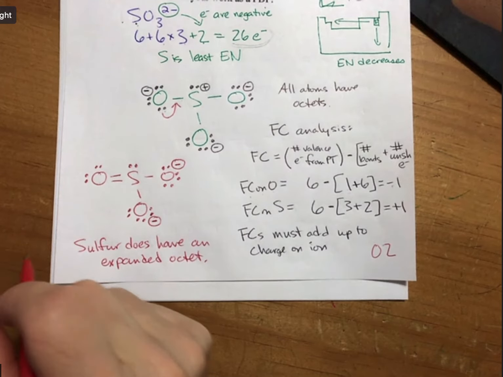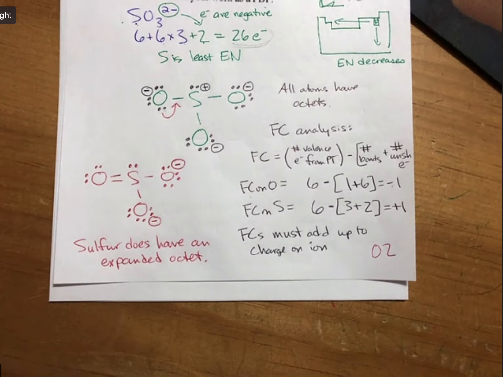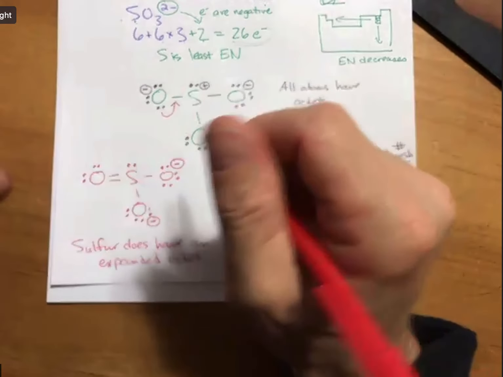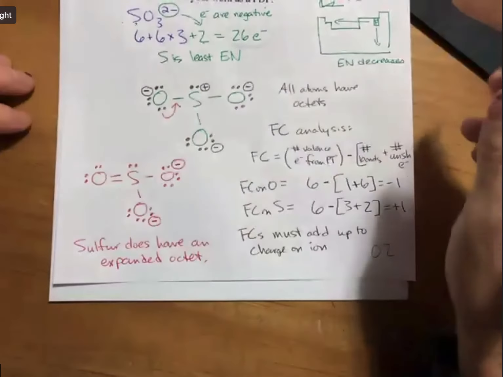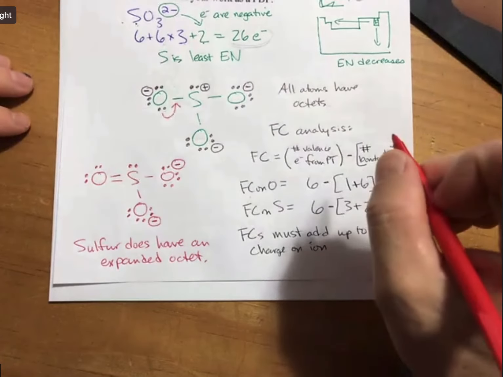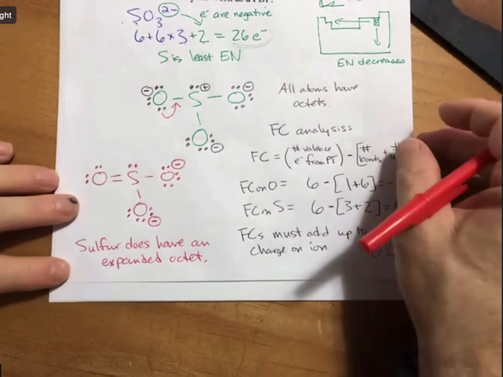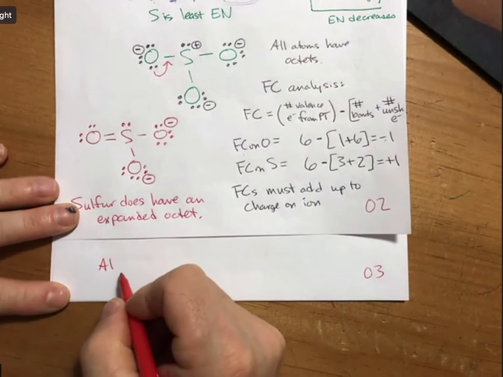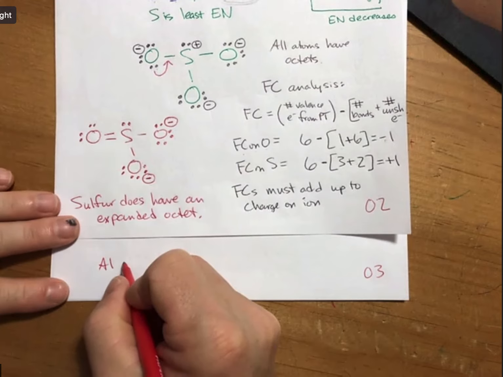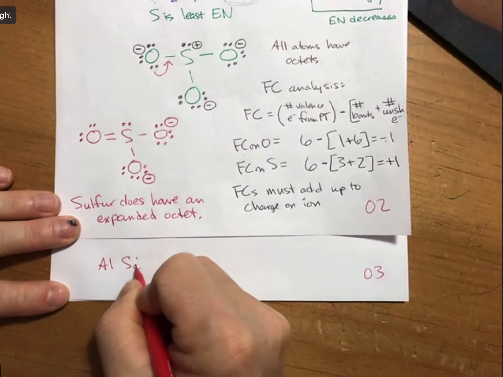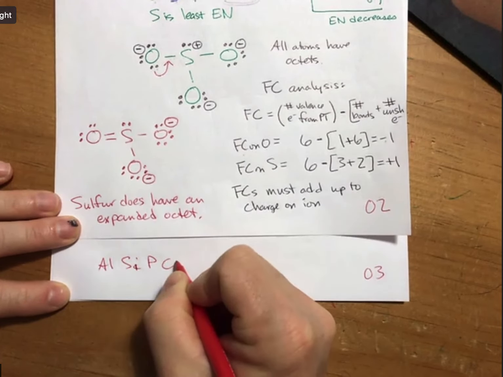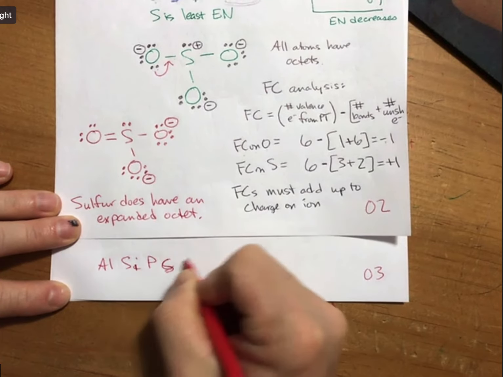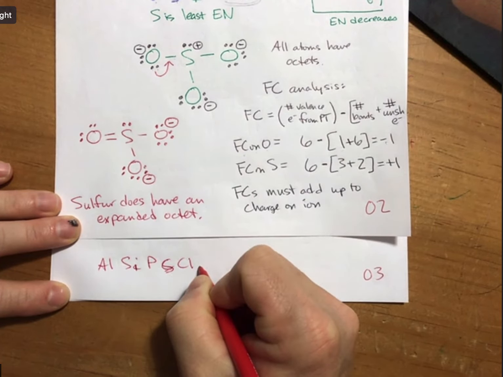And, you know, I lost my periodic table here. I must have taken it upstairs to work on some problems. But in the video, and I'll try and get it coming up, the atoms that can have expanded octets are going to be, on the periodic table, aluminum, silicon, phosphorus, sulfur, chlorine, and argon.